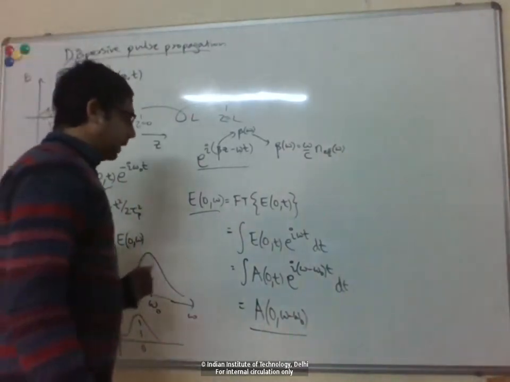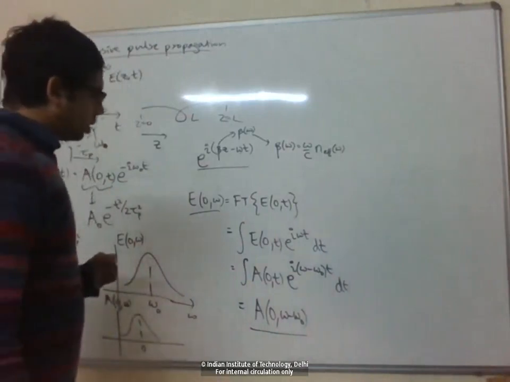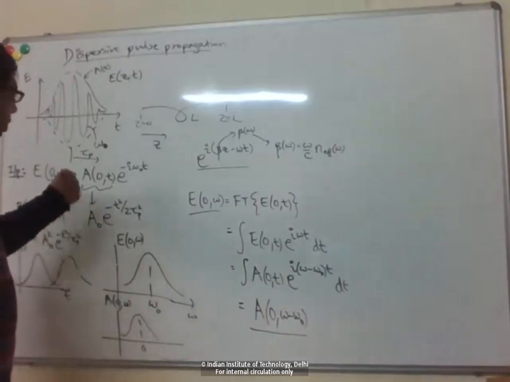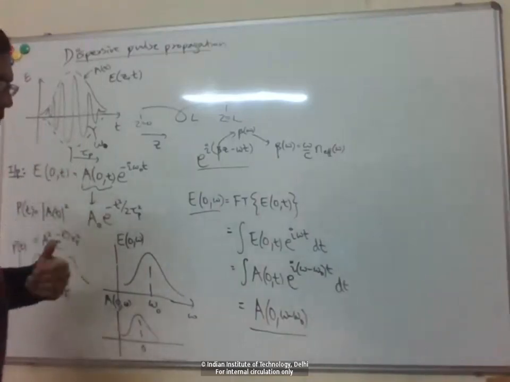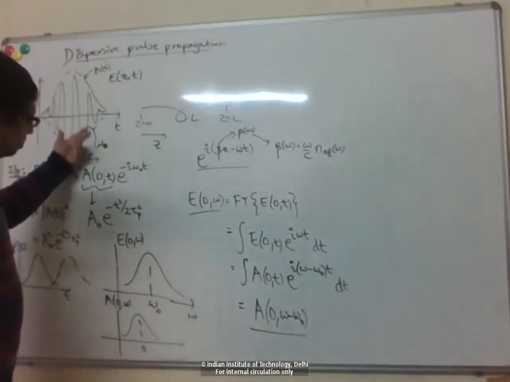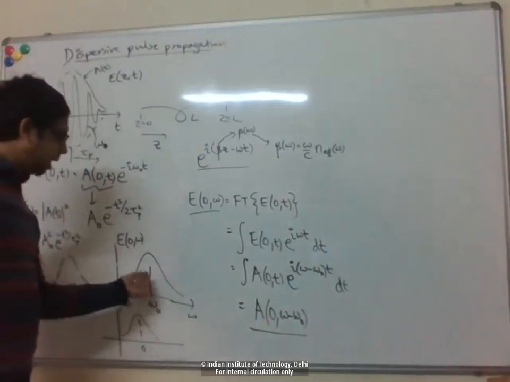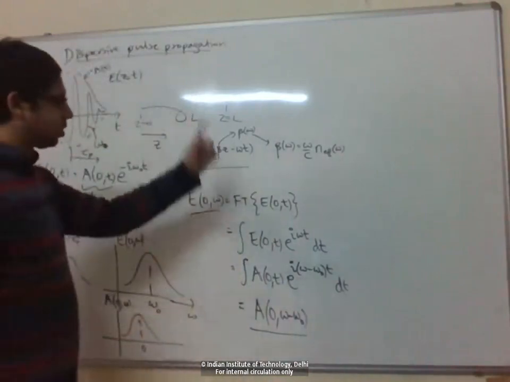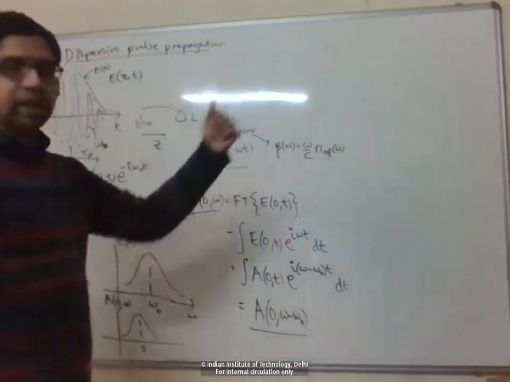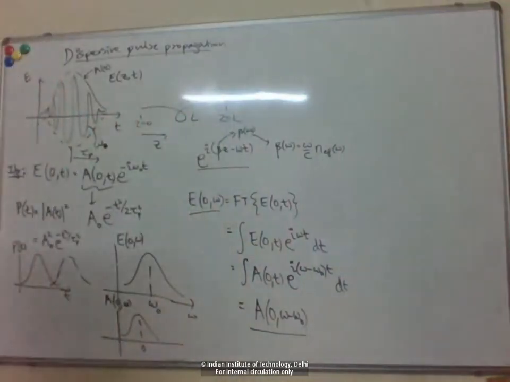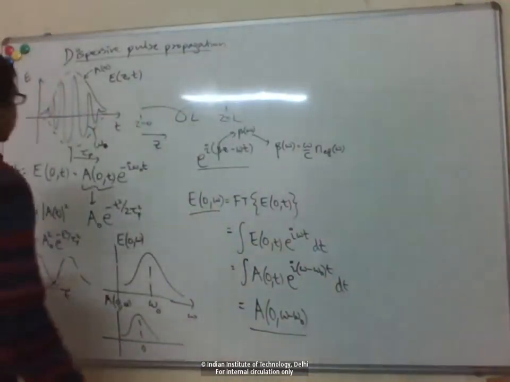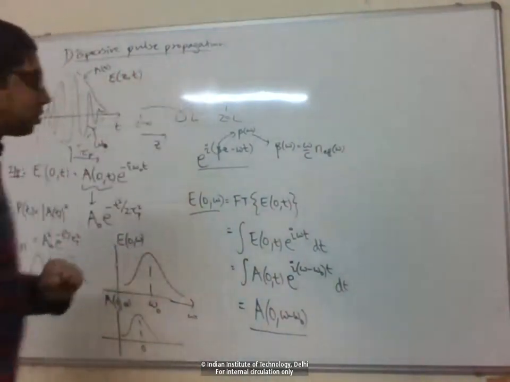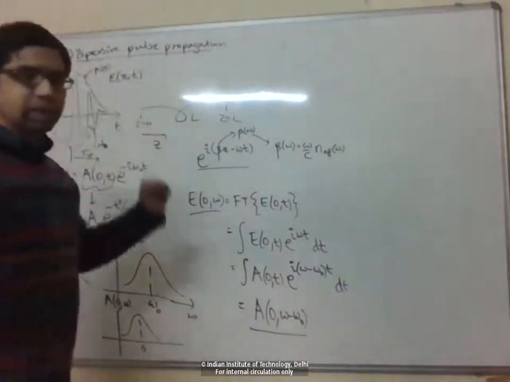So you'll see that to find out how the pulse is changing in time, it's easier to first take its spectrum and see how the spectrum evolves, and then go back, take an inverse Fourier transform again, and see what the final time domain pulse looks like, rather than directly trying to solve for how the time domain pulse varies, although we derived a pulse propagation equation.